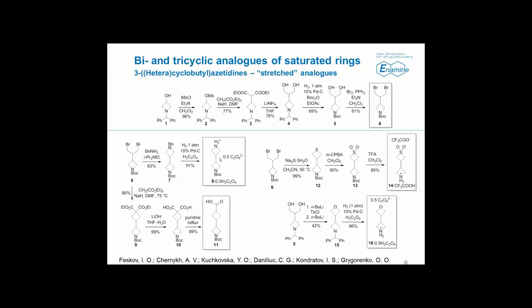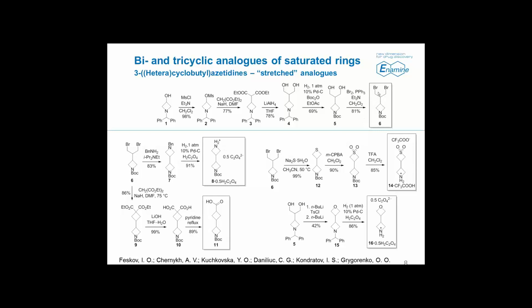So when the stretching is strong enough, you obtain two rings connected by a single bond. And these compounds can be obtained by very simple, very classical chemistry, which is based on using a 1,3-dielectrophile and the corresponding one-atom nucleophiles.